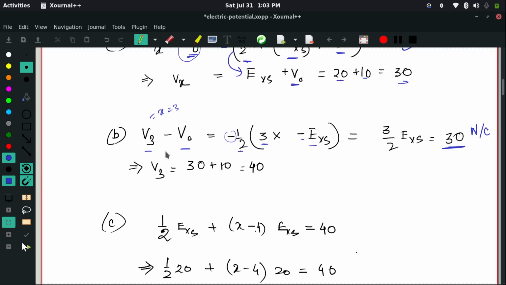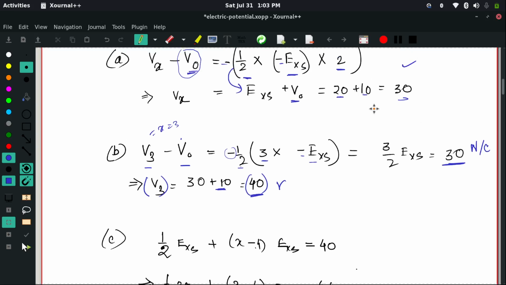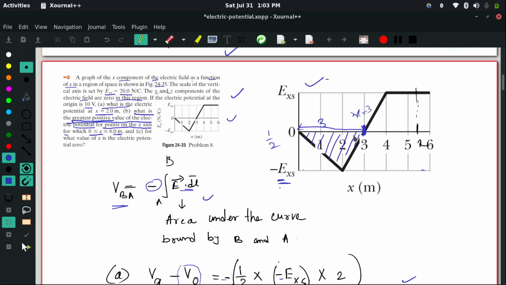Okay, and I need to calculate the potential at this x is equal to 3. So again, what I'll do is I'll bring this V naught from the left hand side to the right hand side, and I'll get 40. So you see, the 40 volt is the maximum potential that we can have in this kind of electric field. Okay. And also, just remember the fact, whenever you are in a positive electric field, then the potential that you will get out of that is negative, right?